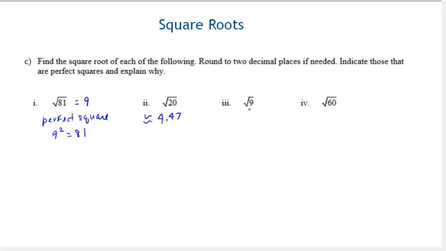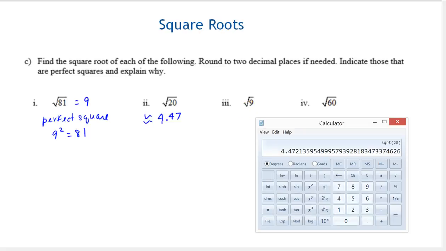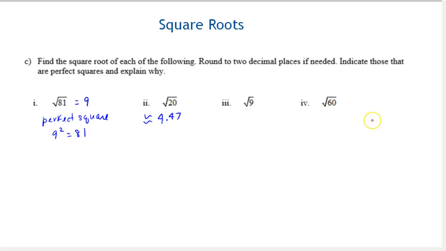Square root of 9, well, we saw already what number times itself equals 9. And we know that that's 3. So this equals 3. And it is a perfect square because 3 squared equals 9.